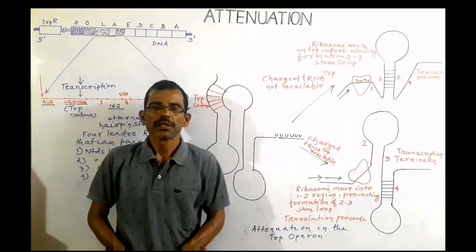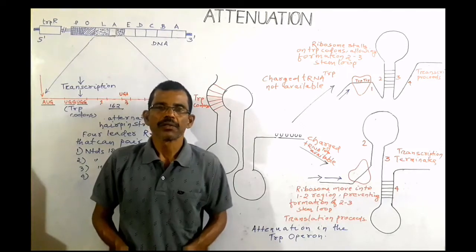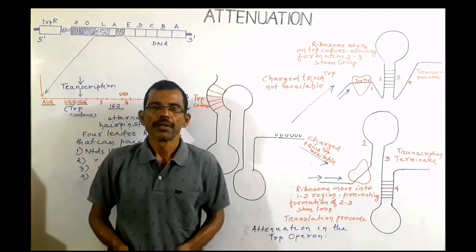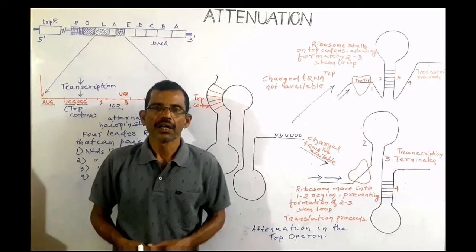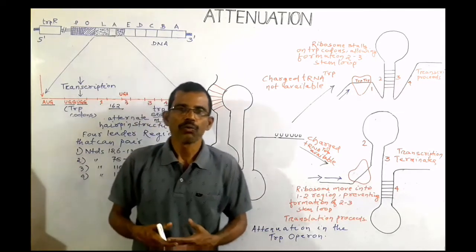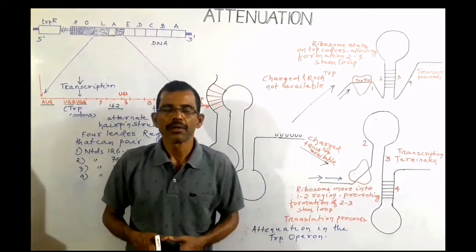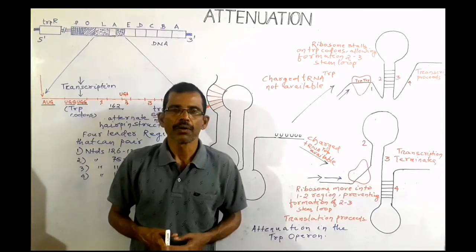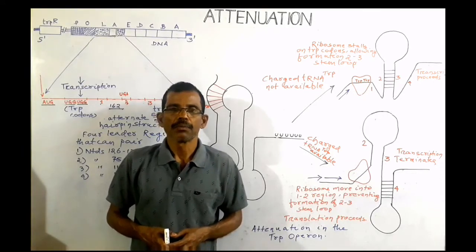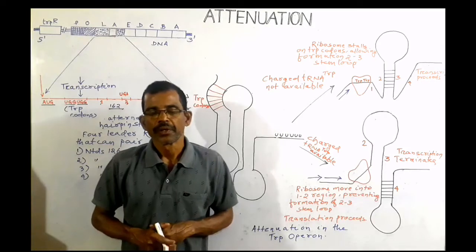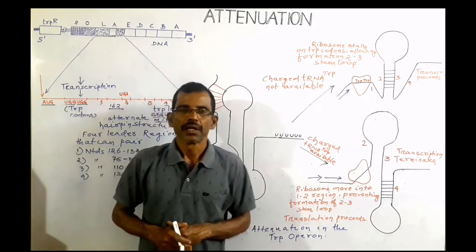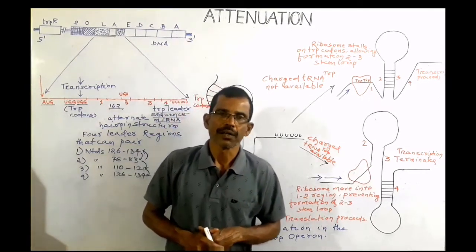The attenuation of the tryptophan operon depends on the cellular concentration of tryptophan charged tRNAs. So friends, while we are discussing attenuation of the tryptophan operon, we have to discuss two different situations. In one situation, there is a low level of tryptophan.